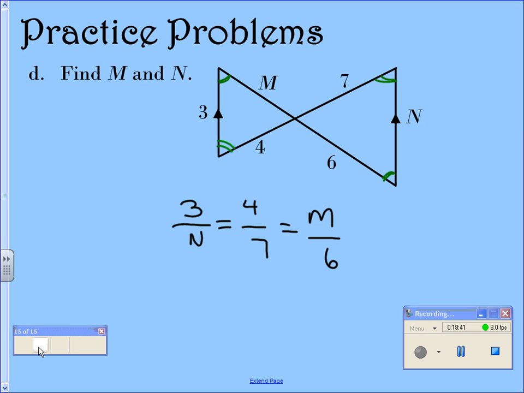So you always want to put 3 for an M on the top. Does that make sense? Any other questions on proportions? Okay. What would you get for N? Do you agree? What would you get for M? You agree with that? Any questions on these?